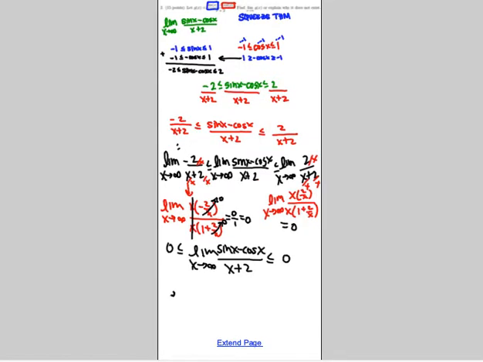Therefore, our limit as x approaches infinity of sine of x minus cosine of x, all over x plus 2 equals 0 by the squeeze.